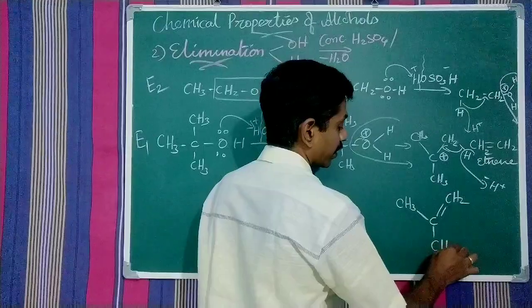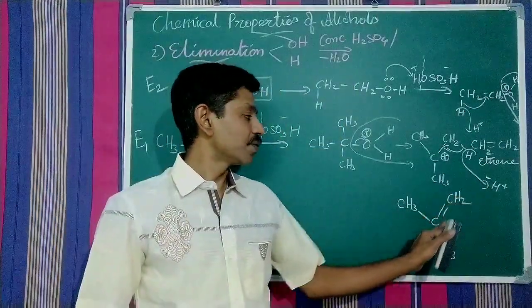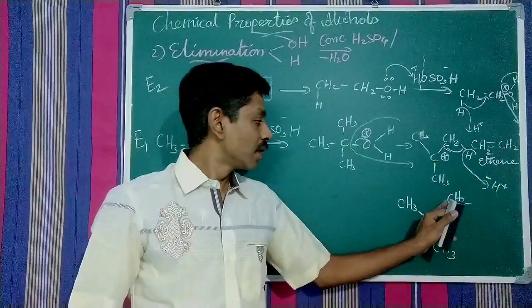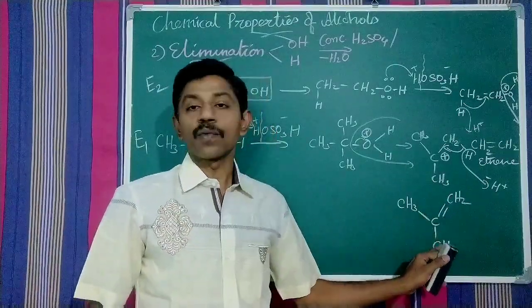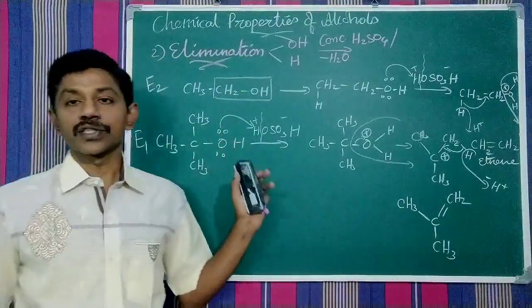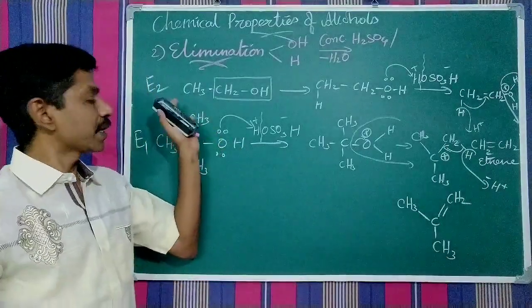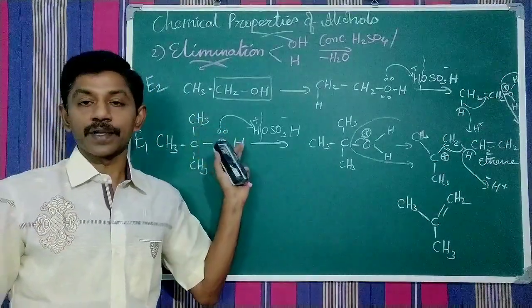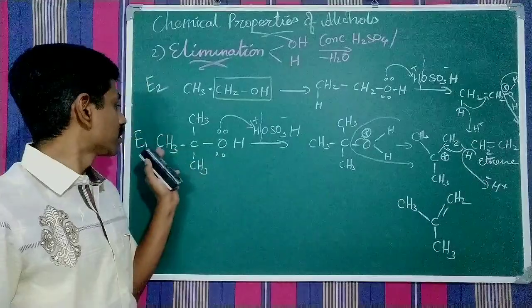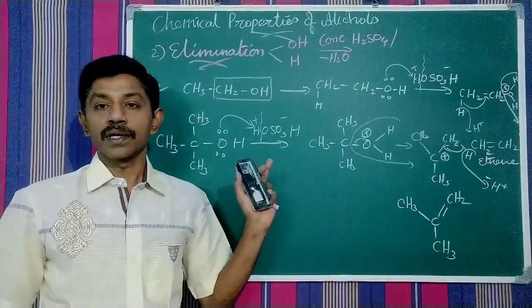And we learned in the previous reaction also, this is called isobutylene or 2-methylpropene. So this is how elimination reaction is carried out in alcohol. You have to understand, primary will go for E2 type of elimination reaction, and tertiary will go for E1 type of reaction.